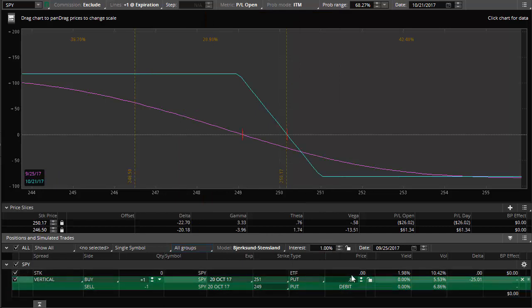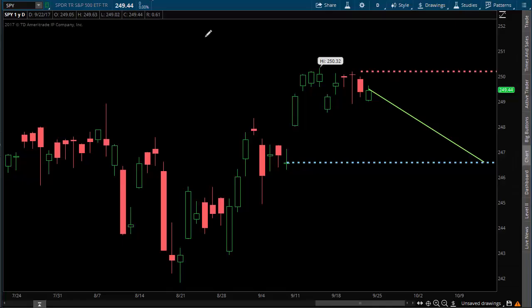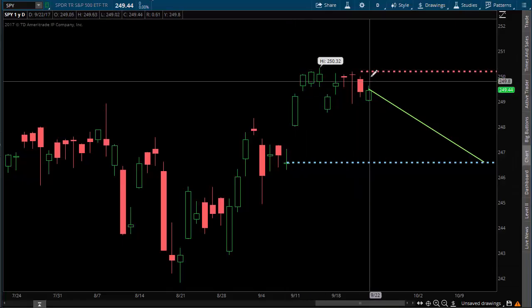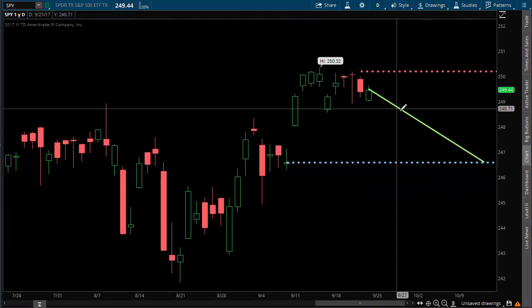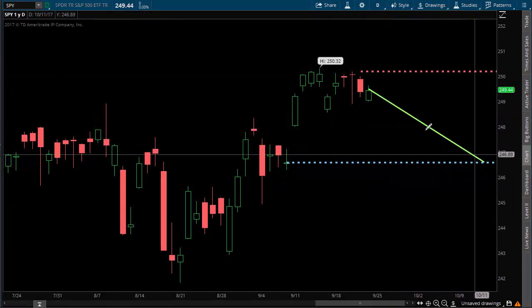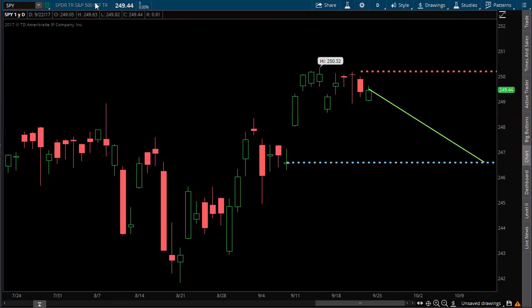So by reducing our cost, and by straddling the strike price, we were able to raise our break even so that our analysis doesn't have to be right. And we're able to have a greater percent gain if our analysis is right by reducing our costs.